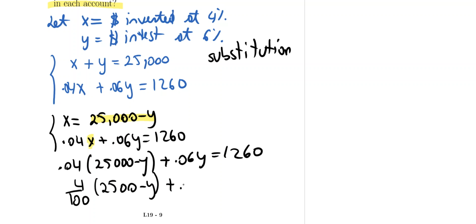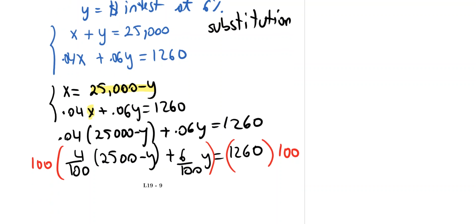And then write 0.06 as 6 over 100. And now multiply both sides by 100, and you see that that's going to help us.